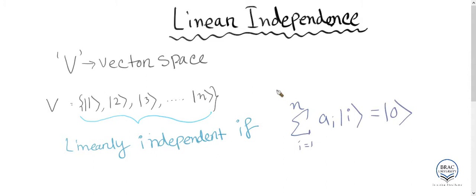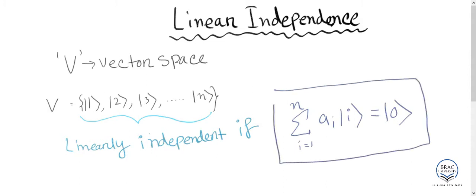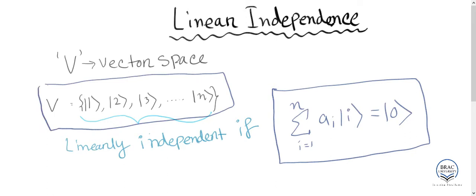And if this combination is trivially satisfied, that is, if you expand this, all the coefficients a1, a2, a3, an, all of them have to satisfy this equation, and if they are trivially satisfied, that is all the a's are 0, then these objects appearing in the set of this vector space are called linearly independent.